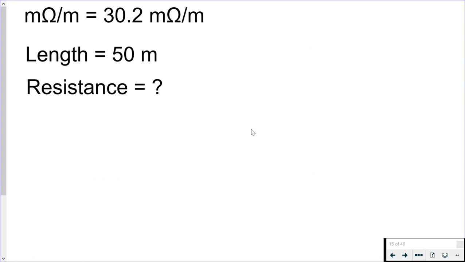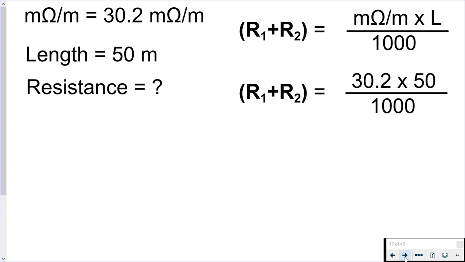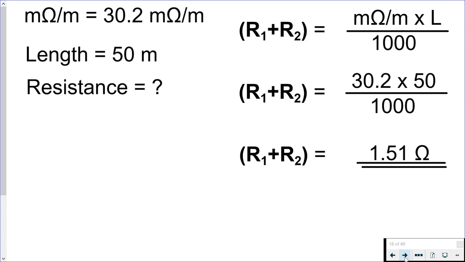With that 50 metre length, if we throw that into our calculation, the milliohm per metre value times the length divided by 1000, that gives us 30.2 times 50 divided by 1000. Our expected R1 plus R2 value as a result of that calculation is 1.51 ohms. Okay, so you would confirm that your measured value and your calculated value are accurate.